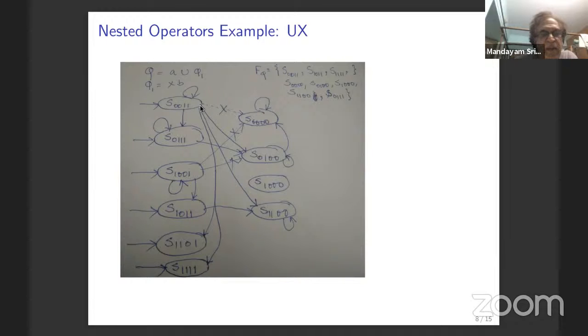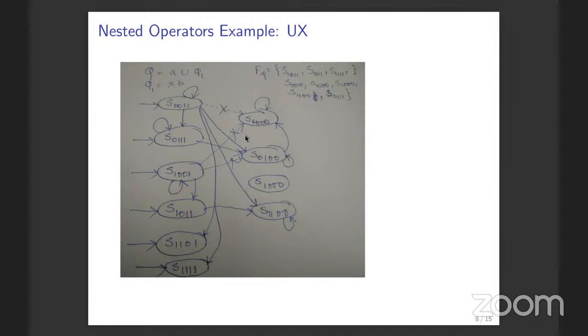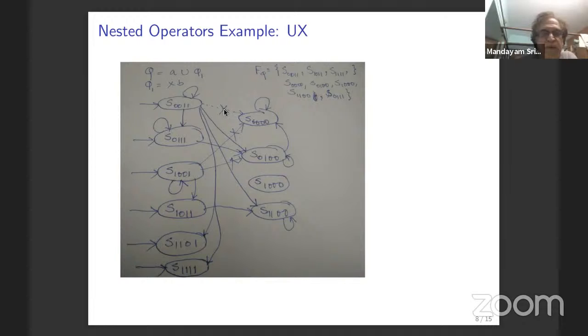Why can I not have a transition from state 0011 to 000? Because XB is not negated, so any next state should have B, right? Correct. So it doesn't preserve the X rule.